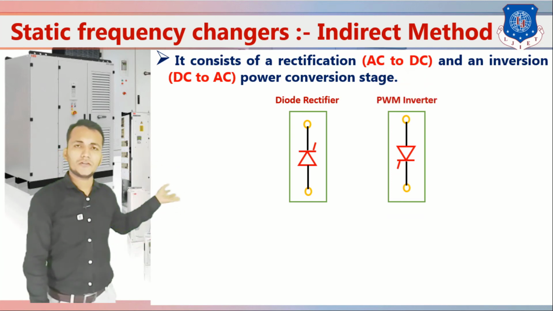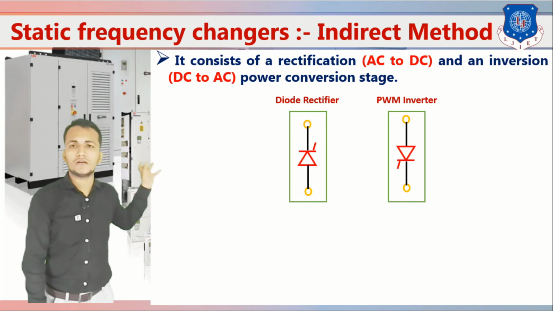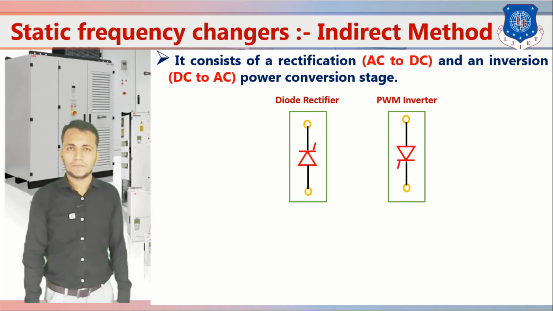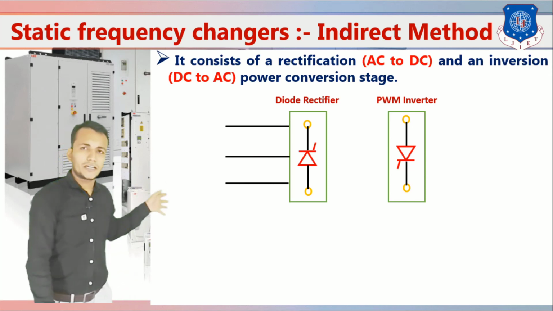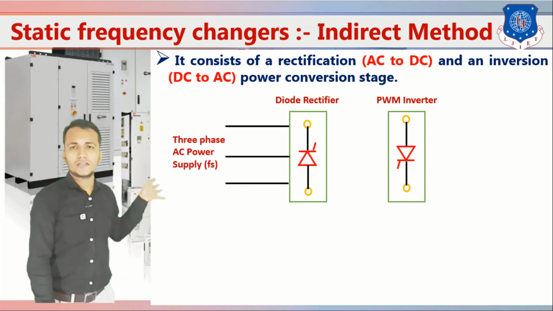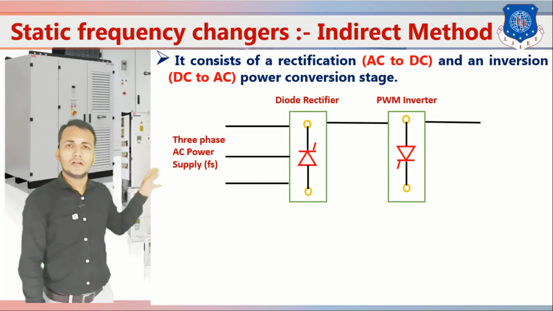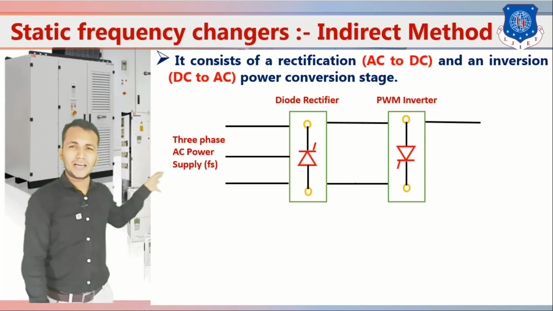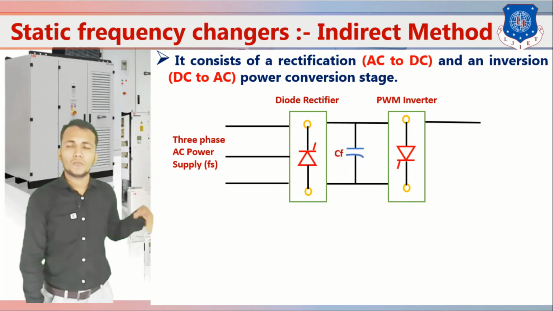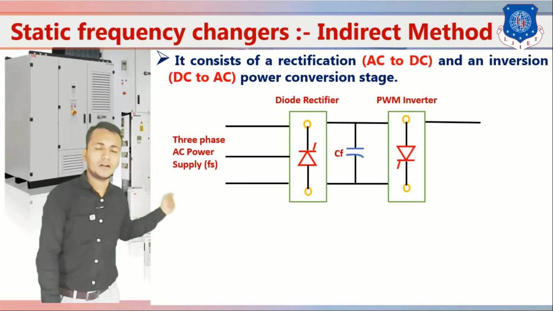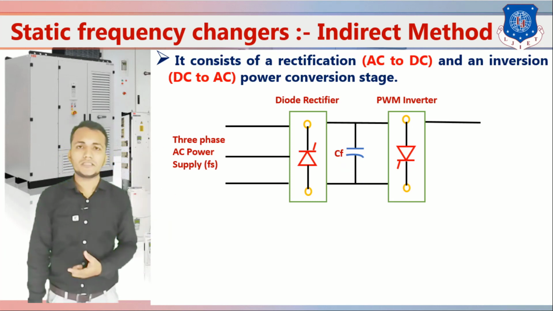In this figure we have one rectifier and another inverter. The input to the rectifier is a three phase AC supply, okay, and we have also provided a connection between them by a capacitor, okay, to maintain a constant DC voltage across the PWM inverter. That's why we provide the capacitor, okay.